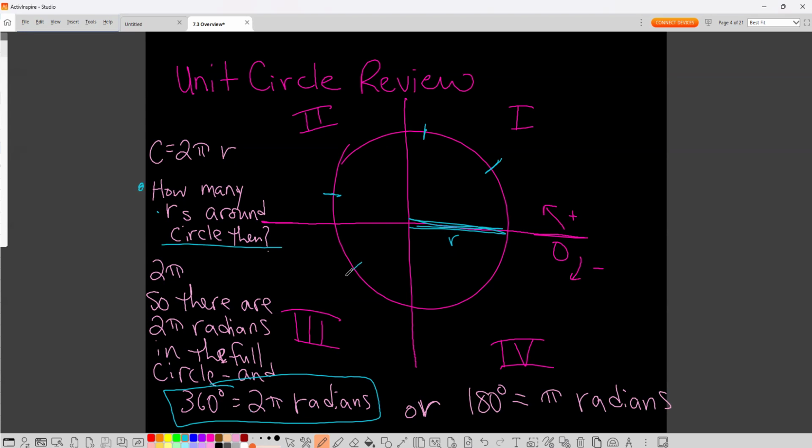There's going to be 2 pi. Well, you know that pi is approximately 3.14, the common number to use for it, so 6.28 if you double it. There's 6 1/4-ish of these radians around the circle. And again, that's going to break down to 180.